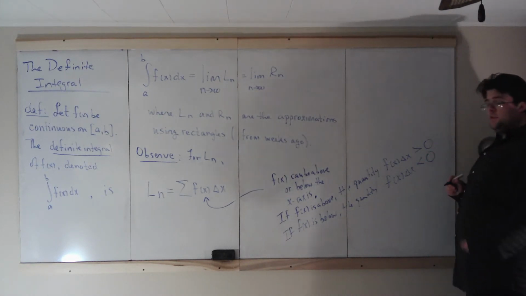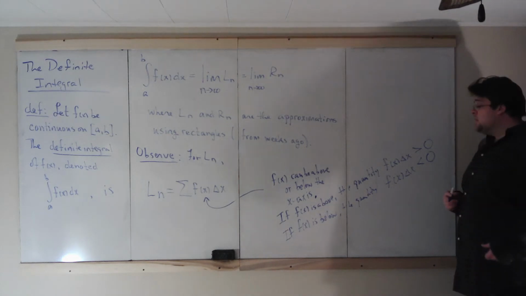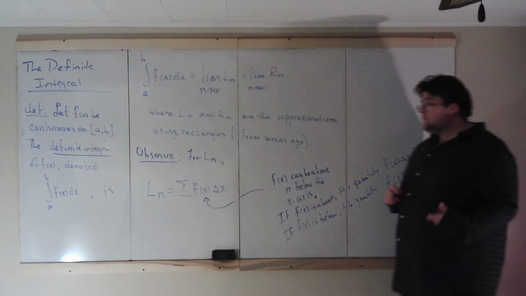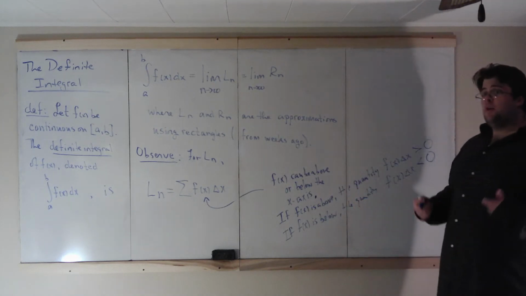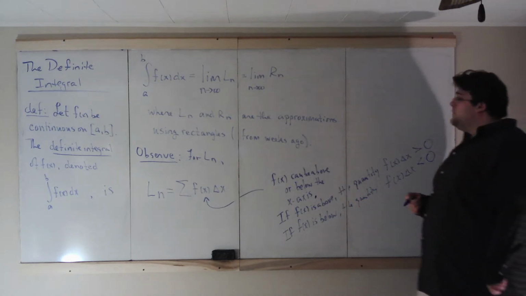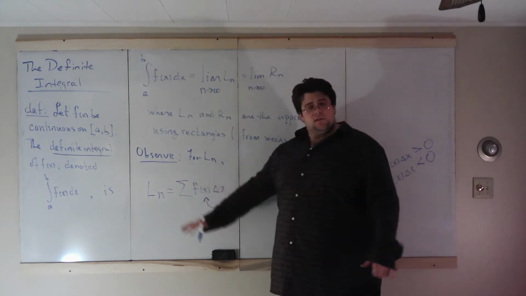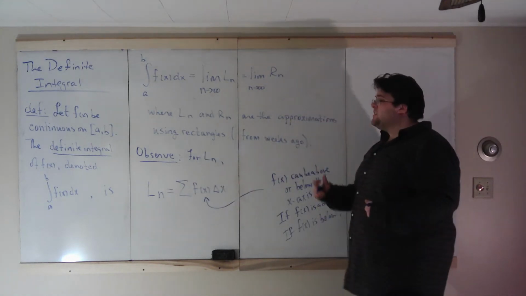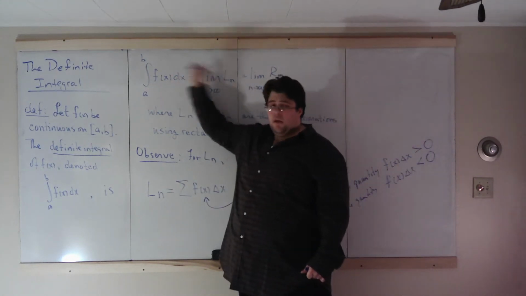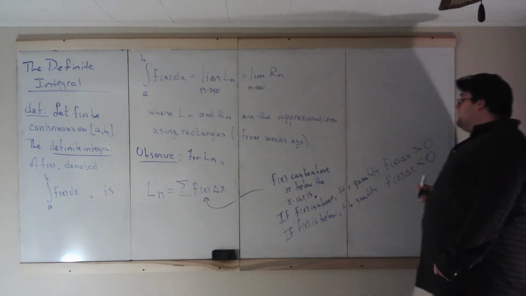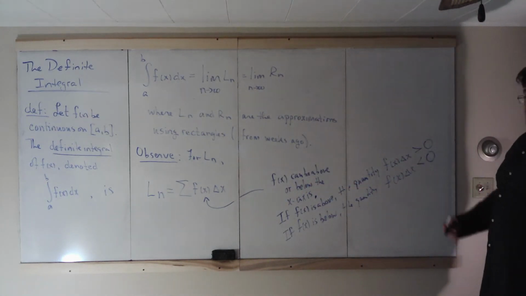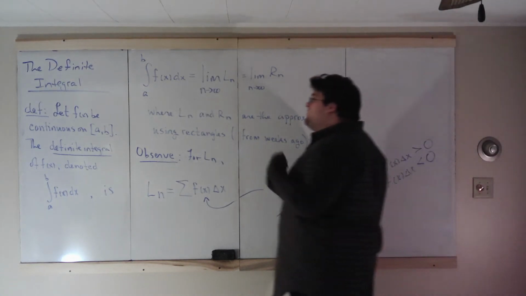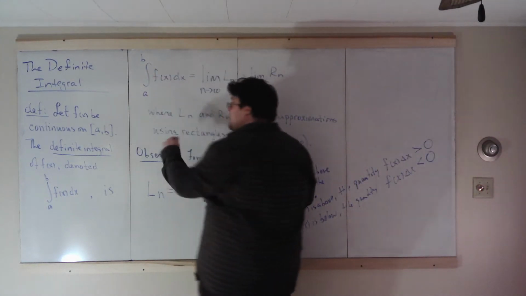So that tells us f of x delta x is going to contribute negatively to this sum of rectangle areas. So if it's above the x-axis, it contributes in a positive way to the definite integral. If it's below the x-axis, f of x delta x contributes in a negative way to this definite integral.